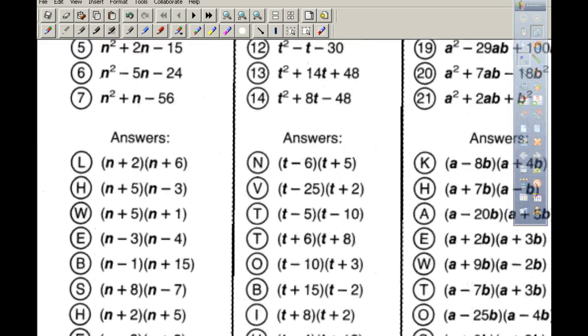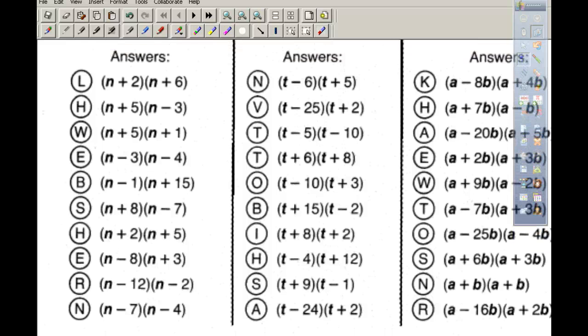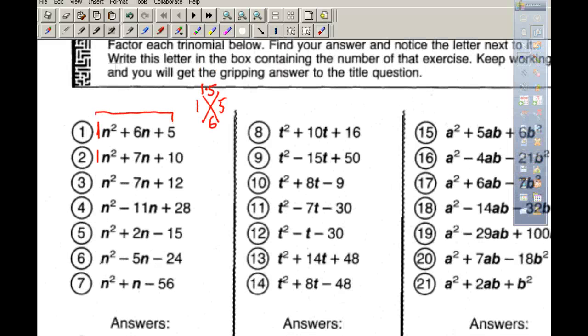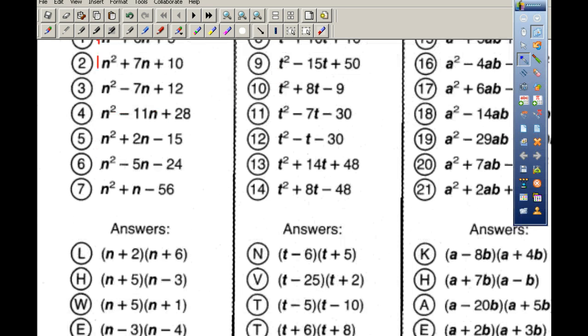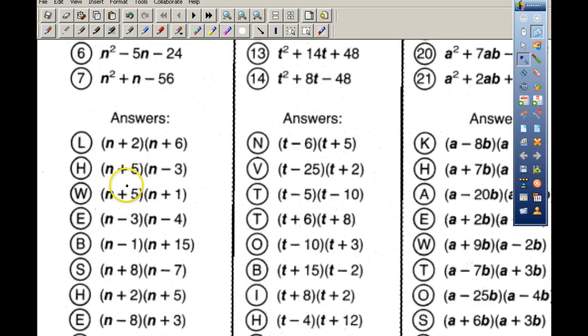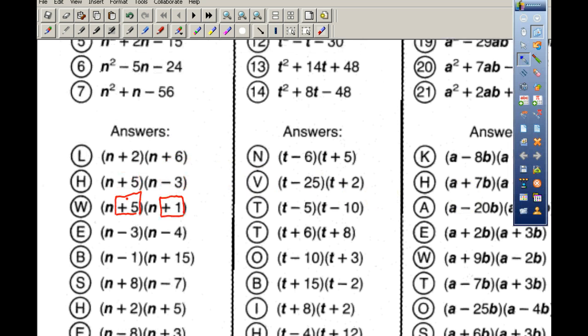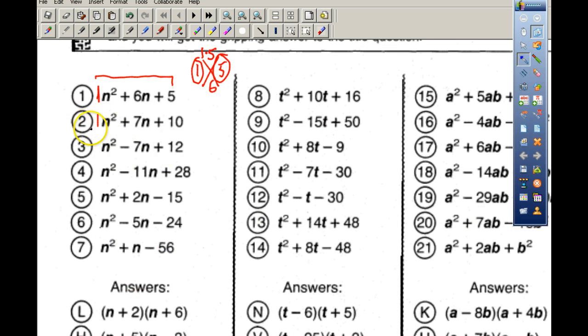These will be a little bit easier, but I don't want you to think that these two numbers right here are always going to be the two numbers down here. For today, they will be. You'll notice the two numbers you get as your answer will happen to be the same two numbers down here. That's only because none of our trinomials have anything other than 1 in the front.